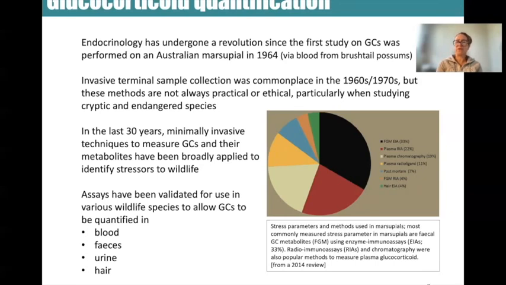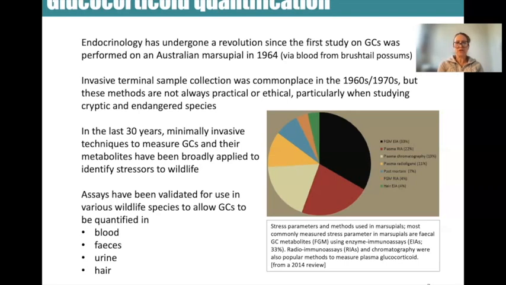Invasive terminal sampling collection was commonplace in the 1960s and 70s, but fortunately, these methods have been superseded by non-invasive techniques because they're obviously not always practical or ethical, especially when we're studying cryptic and endangered species.